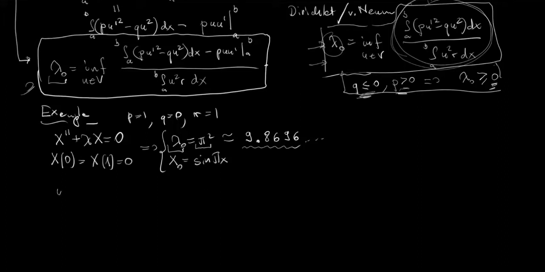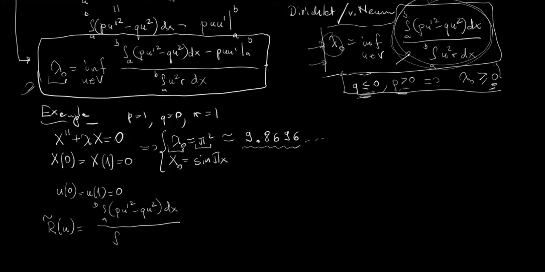How would we proceed? One way is to use a function u which is continuous on the interval between 0 and 1, and such that u of 0 is equal to u of 1 is equal to 0, and to calculate this value, let's say R tilde of u, which is what stays here, namely the integral from a to b of p u prime squared minus q u squared dx divided by the integral from a to b of u squared r dx.